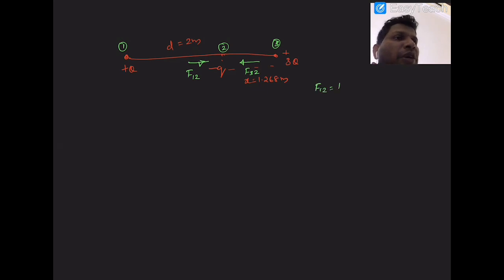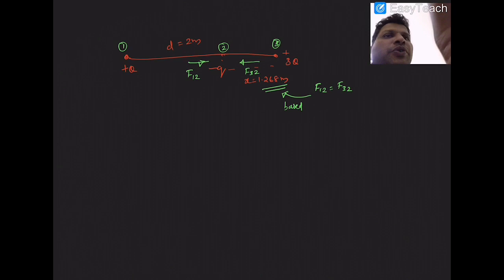So F12 will be equal to F32. Based on that only we have already calculated the x. We got this x based on this criteria. Now because of the F12, plus Q will be moving towards 3Q, but 3Q will oppose plus Q in another direction, that is given like this. So this is the force from 3 on 1, and similarly you can see some force here also, which is the force experienced by 3 from 1.